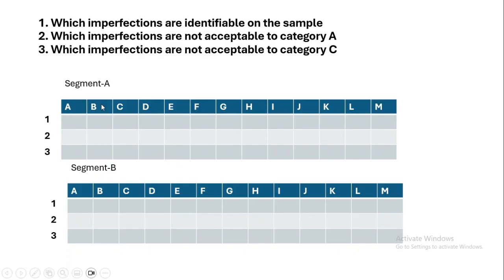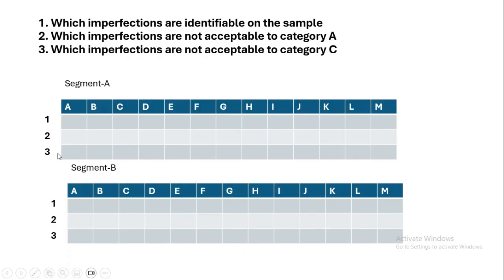A is excess weld metal, B is undercut. If you noticed excess weld metal, you have to mark it in row 1, and in row 2 you have to check with the criteria category A or group A, whether it's accepted or not.